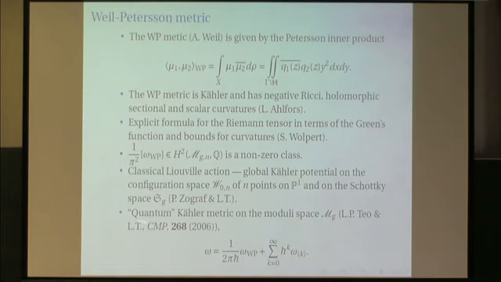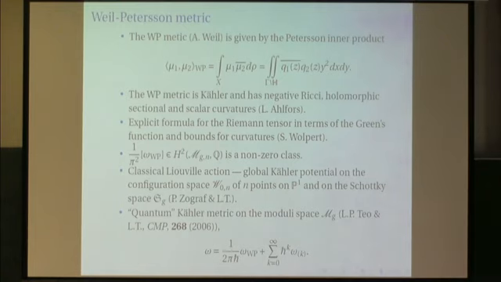I put it in quotes because this is only an asymptotic expansion. The metric itself is not known. And this metric is obtained as a partition function for the quantum Liouville theory. And this is the expansion of the partition function in terms of a formal power series.